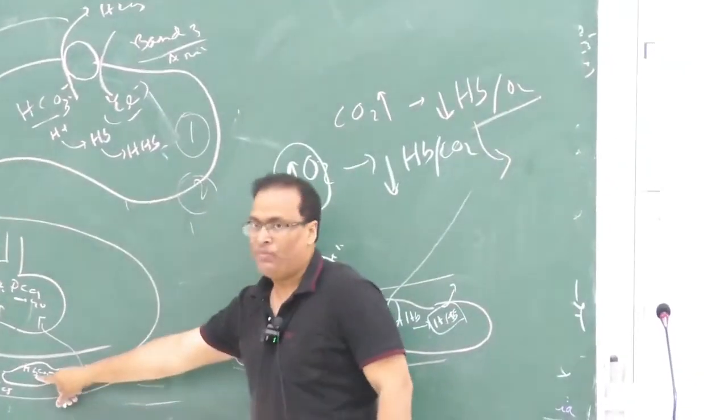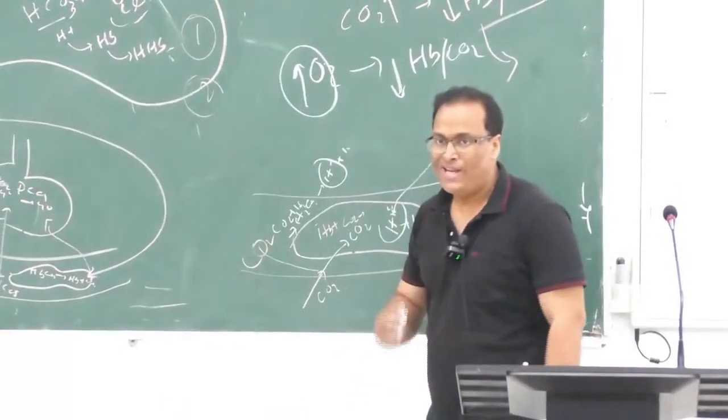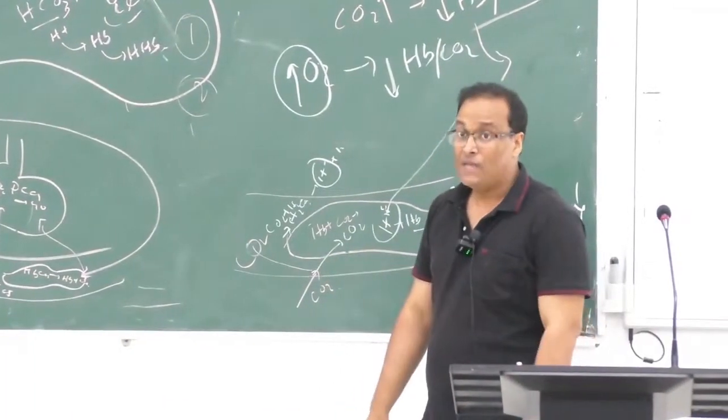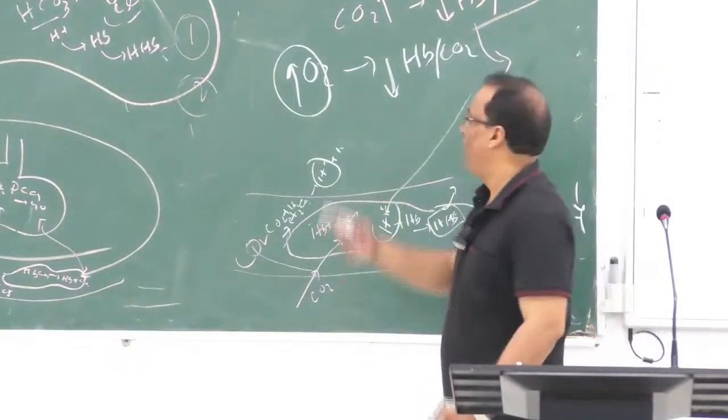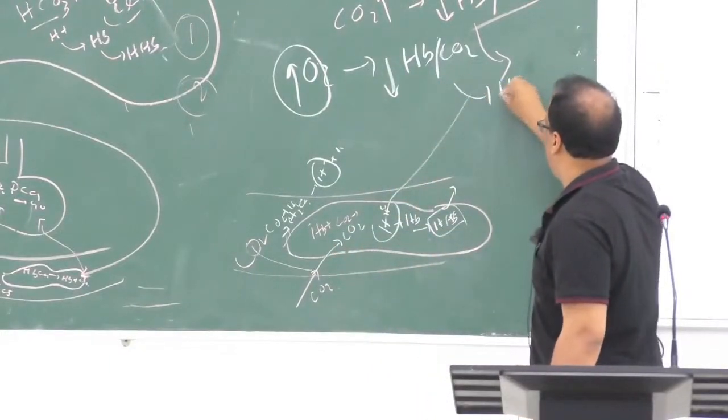Inside the RBC, two things are happening here. One is carbaminohemoglobin has been dissociated. What dissociates it? The Haldane effect. So this is called the Haldane effect.